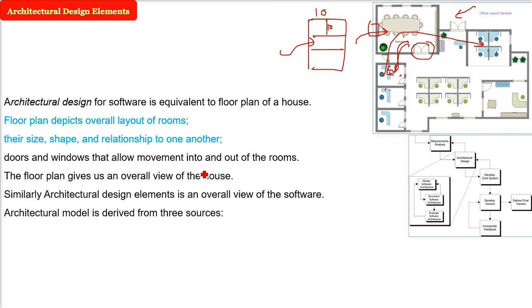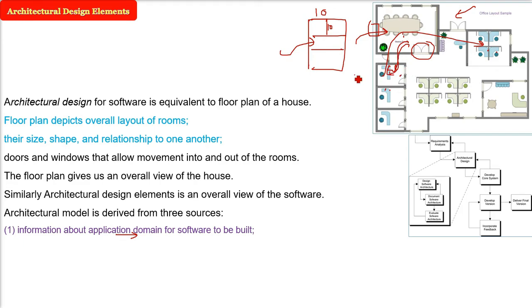So the architectural model is derived from certain sources, mainly 3 sources. From where do you get it? From the information about the application domain for the software to be built. What does it mean? Are you building your house? Are you building, say, your office?